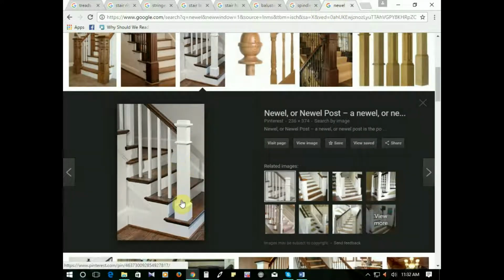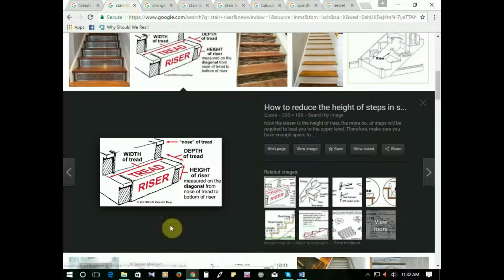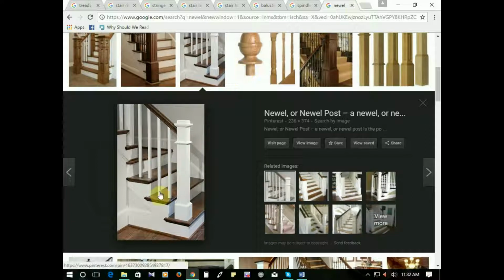Newel is the post at the head or foot on the flight of stairs that supports the staircase, or that supports the handrail. I'm sorry. So to sum up, steps are made of risers, treads, and stringers, and handrails have a newel post at the start, and in between.